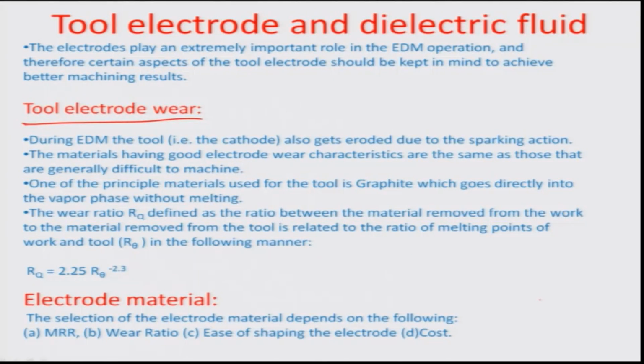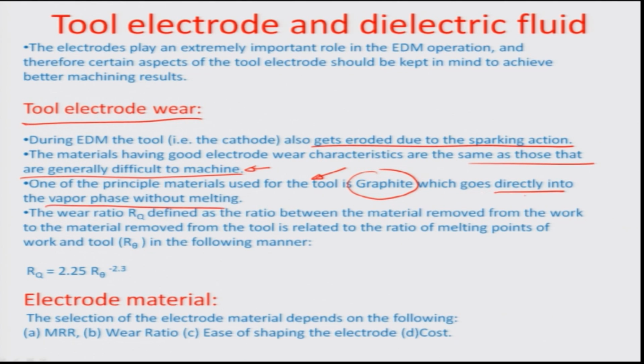If we look at that aspect, the tool electrode wear in EDM is because the tool gets eroded due to the sparking action itself, and the materials having good electrode wear characteristics are the same as those that are generally difficult to machine. One of the principal materials used for tooling in EDM is graphite. Because of its highly conducting nature, it goes directly into the vapor phase without melting and creating any problem like debris, which may result in increased spark length or increased overcut.